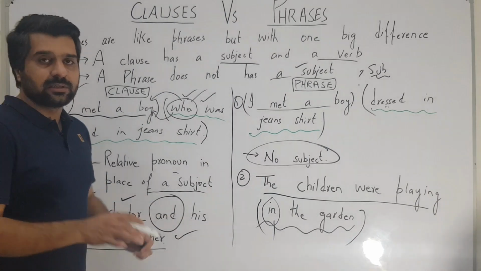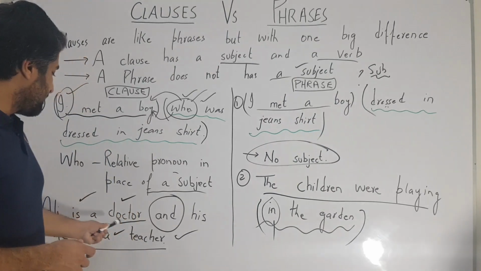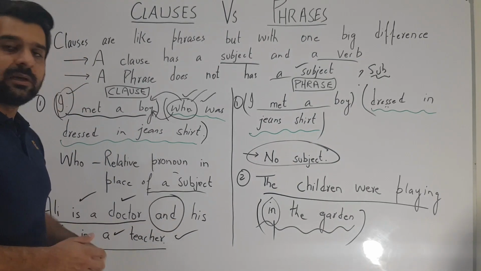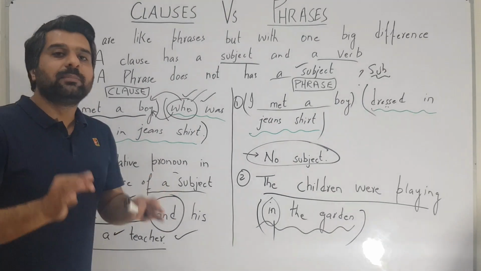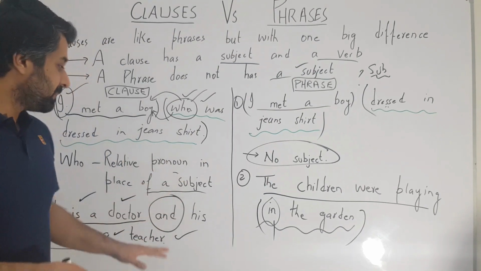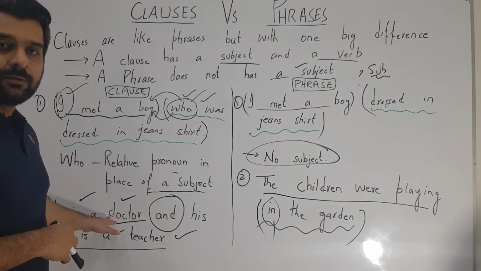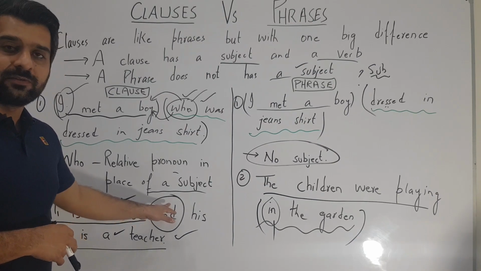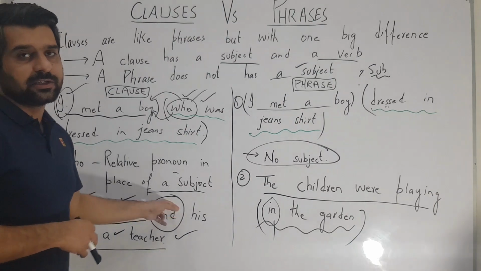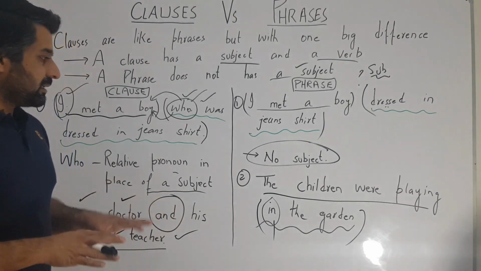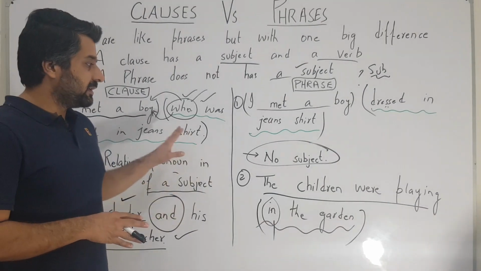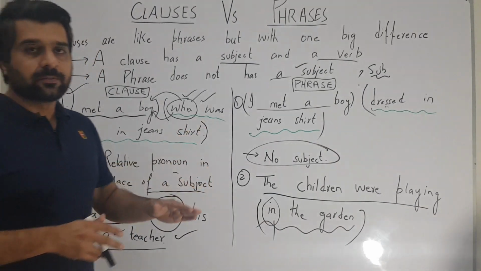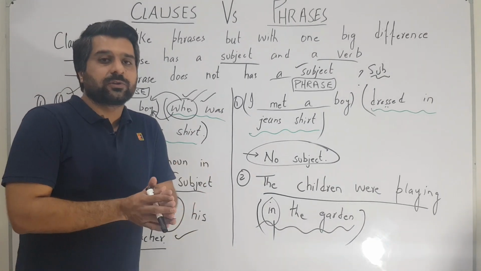So these are groups of words having a subject, and because these two clauses make complete sense, that is the reason we call both of these independent clauses, and we join independent clauses with the help of coordinating conjunctions.